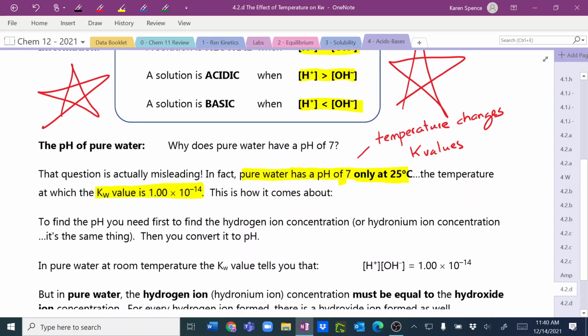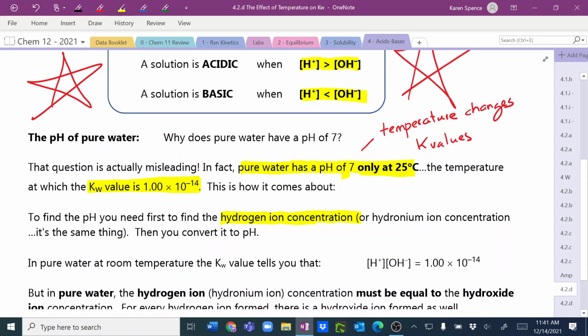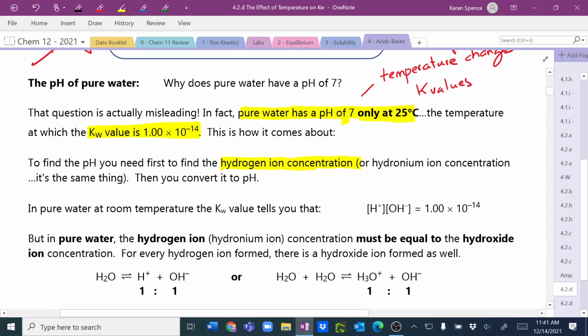So let's say we are looking at pure water at 25 degrees Celsius. If we want to find the hydrogen ion concentration, or the hydronium ion concentration, they're the same thing, then we're going to convert it to pH. Well, we know that Kw is hydrogen times hydroxide, and that's 1 times 10 to the negative 14. Yes?